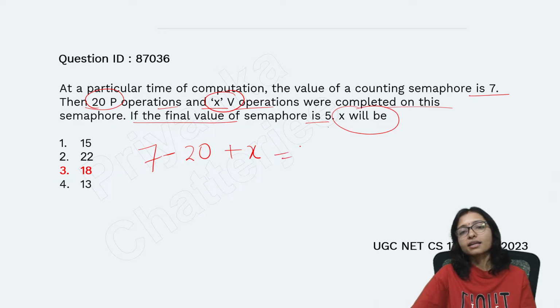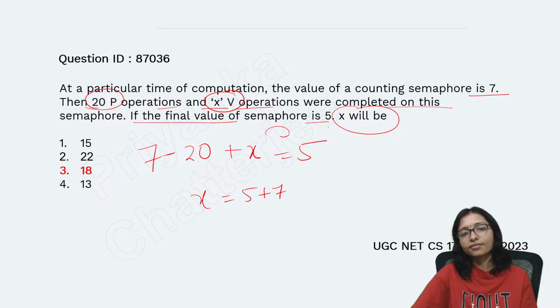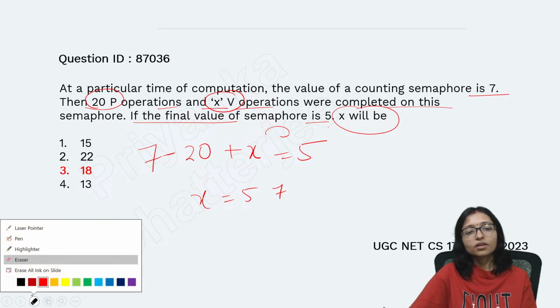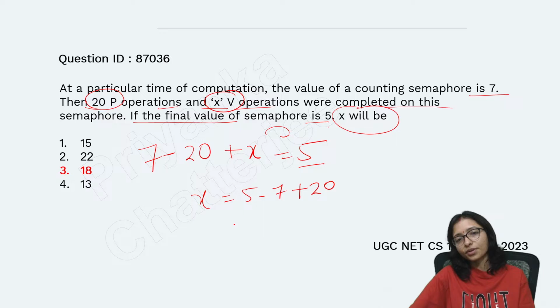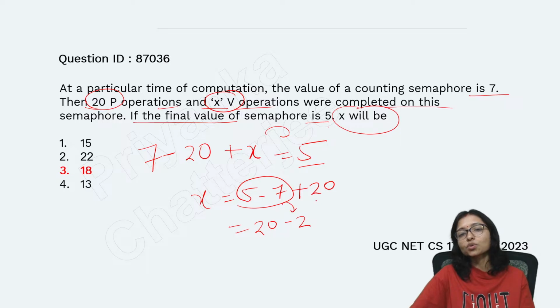After that the final value is 5. So what is the value of x? I take 5 minus 7, it will happen like that. 5 minus 7 is minus 2, and plus 20. So you are getting 18. So the answer is 18.